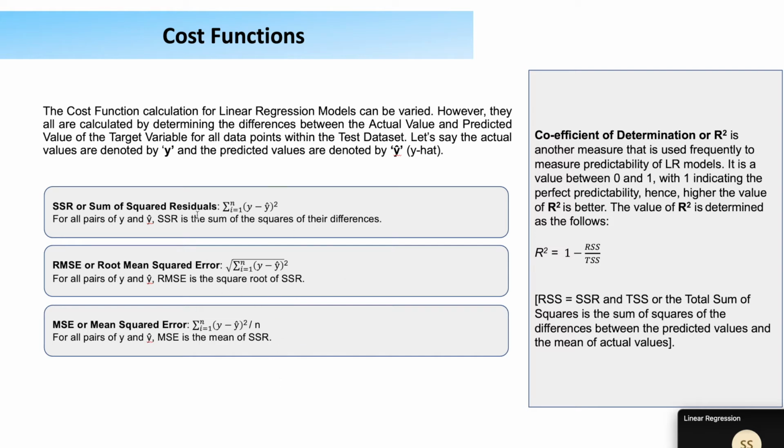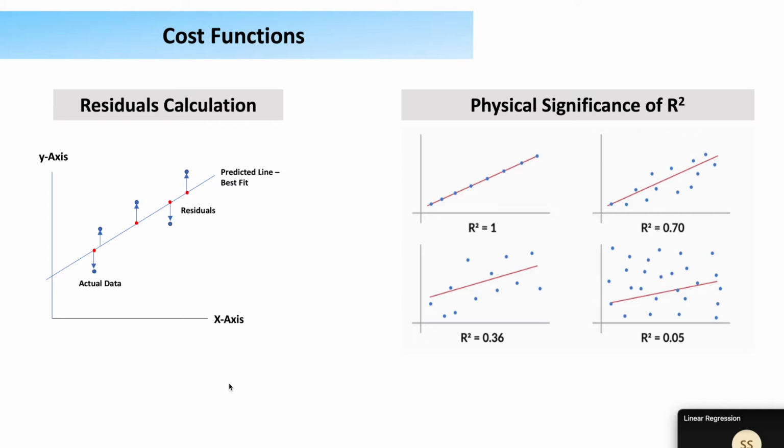Each of these cost functions reflects the total amount of residuals in different shapes and forms, or even your coefficient of determination, which is r square. They all reflect the total amount of residuals, calculated by this plus this plus this plus this plus this. Okay, now there is a catch here.